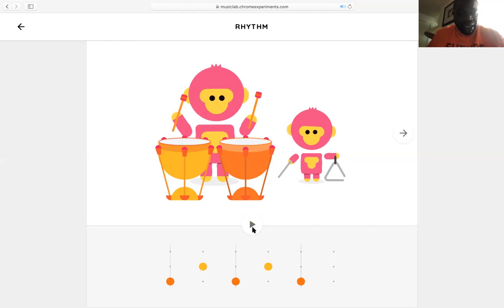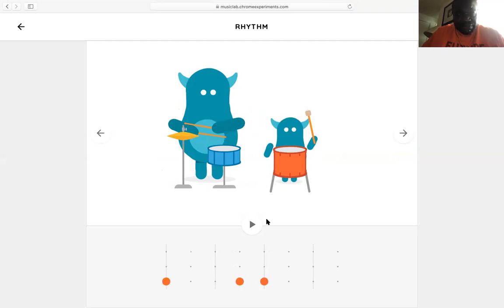Okay, so you could play around with that. You can make up little beats, or you can create a beat, or this right here is one section that you can do drumming on. All right, and they have different ones you can do it on.